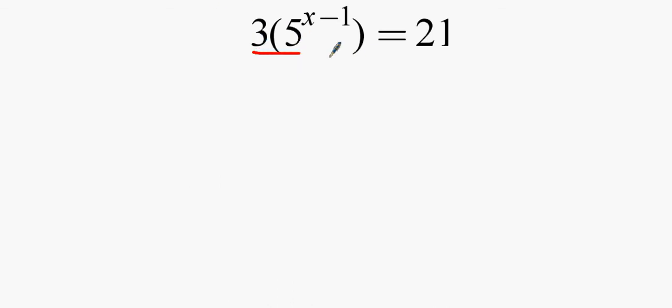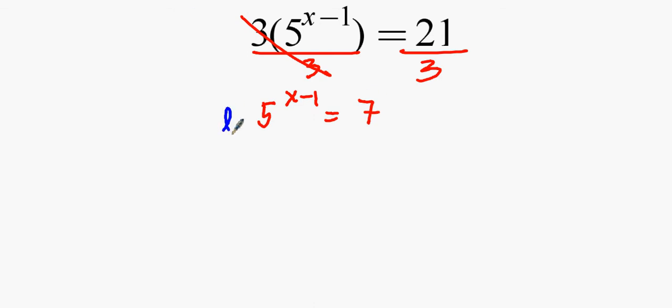So the next problem, we have 3, so let's divide by 3. So we have 5 to the x minus 1 equals 21 divided by 3, which is 7. So simply take a log of both sides. Now this will let us take that exponent, put it up front.